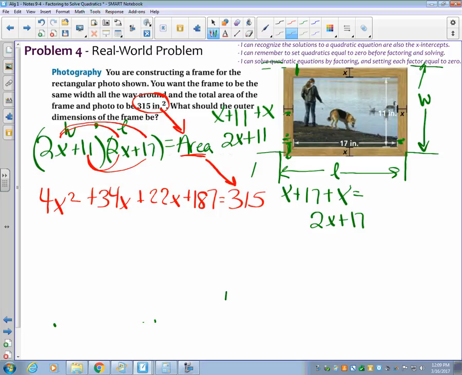And hopefully that makes sense why I'm writing 315 there. Okay, we're going to combine like terms. So that means our 34x and our 22x are going to be buddies together. 34 and 22 is 56.